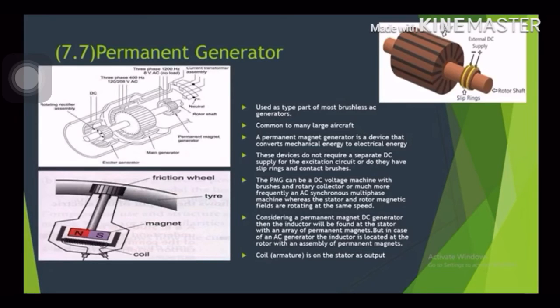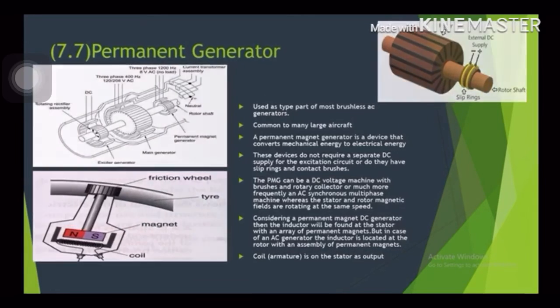Considering a permanent magnet DC generator, the inductor will be found at the stator with an array of permanent magnets. But in the case of an AC generator, the inductor is located at the rotor with an assembly of permanent magnets. And finally, the coil armature is on the stator as output.